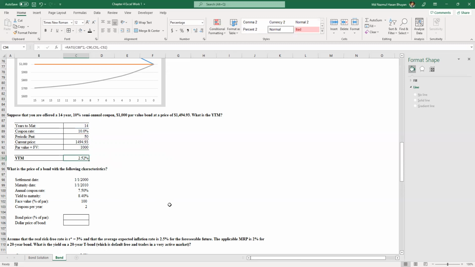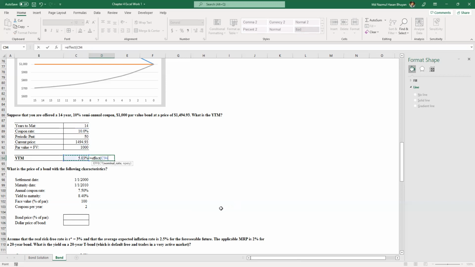Now we got our YTM, but remember, to get this YTM, we used semi-annual information. So we are going to now convert this YTM to the annual term. Now our YTM here is 5.03%. Now, if we want to know our effective YTM, then you already know we are going to apply the effect formula.